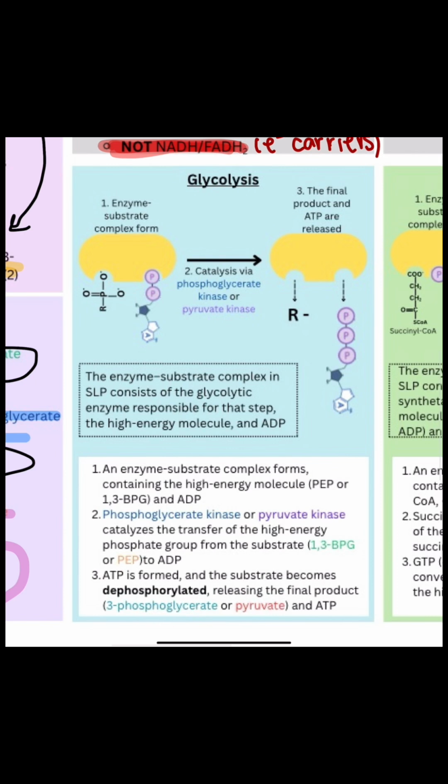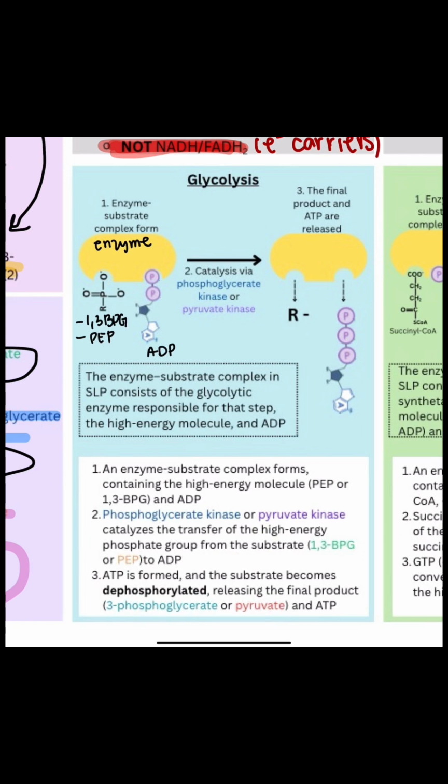So looking at the diagram, we're going to look at the enzyme substrate complex that we have in SLP in glycolysis. In each SLP step, the enzyme, which in glycolysis can either be phosphoglycerate kinase or pyruvate kinase, is going to bind to 2 substrates. It's going to bind to the high energy molecule, which is either 1,3-BPG or PEP, and it's also going to bind to ADP.